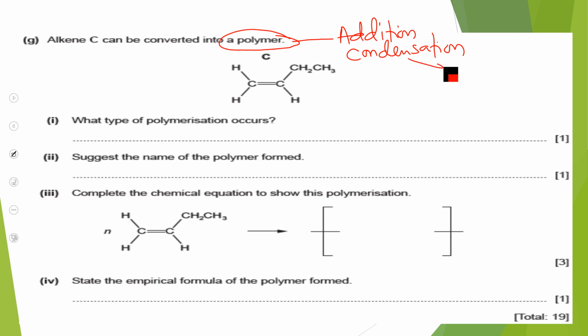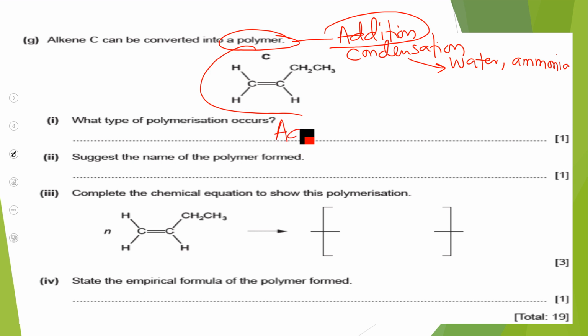In condensation polymerization, we are simply eliminating substances like water or ammonia. If you look at this substance right here, we can't get water or ammonia from this, so simply this will be an addition polymer. So the type of polymerization that occurs here is addition polymerization.